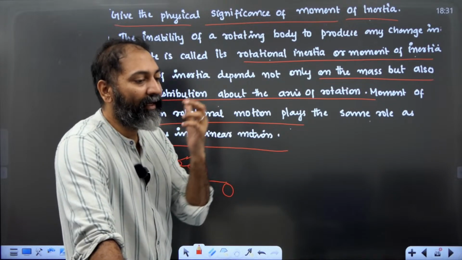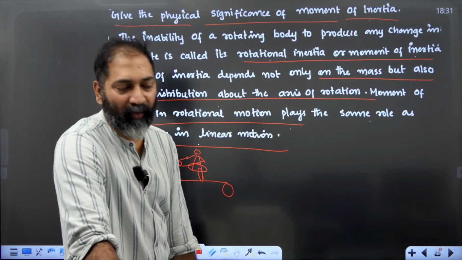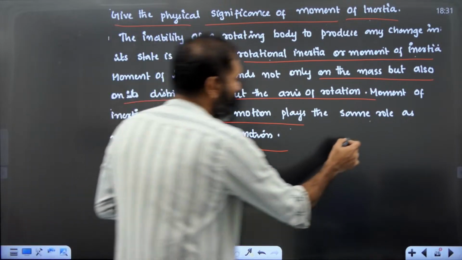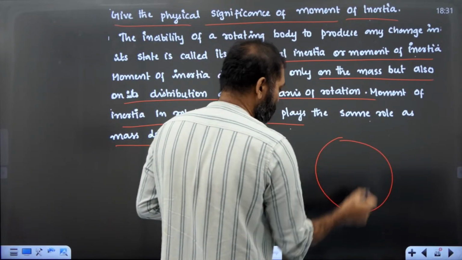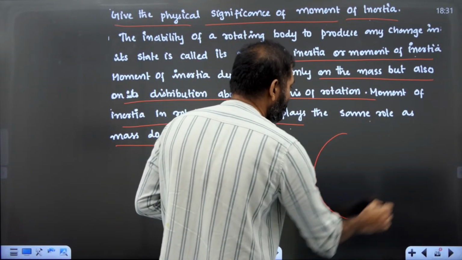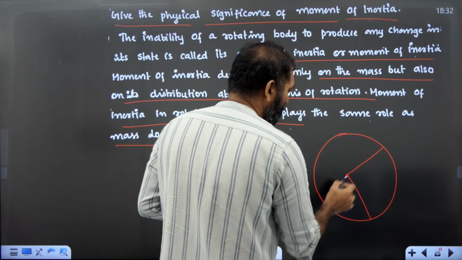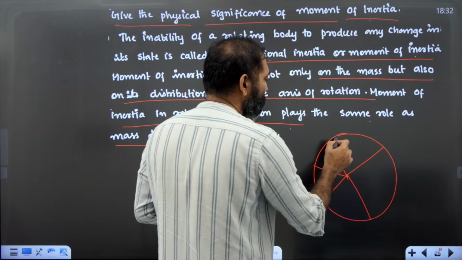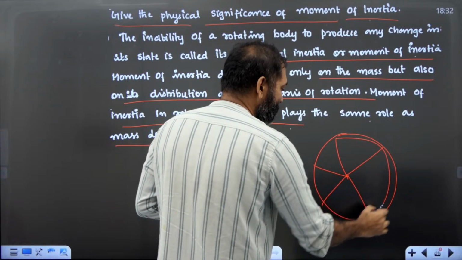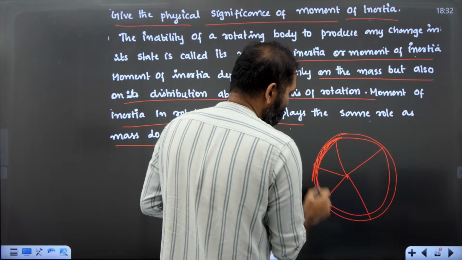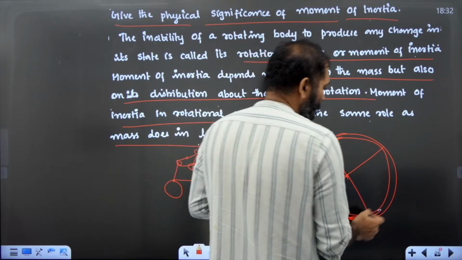Now, why is the distribution of mass important? When you examine the wheel of the cycle, you can see that mass is concentrated away from the axis of rotation. The wheel will be thicker at this side. The mass is heavy away from the axis of rotation.